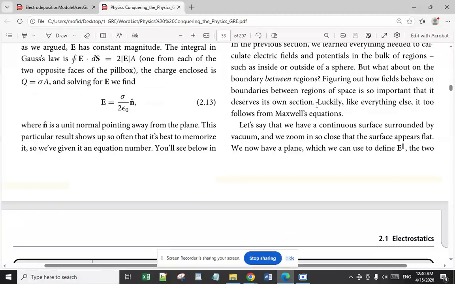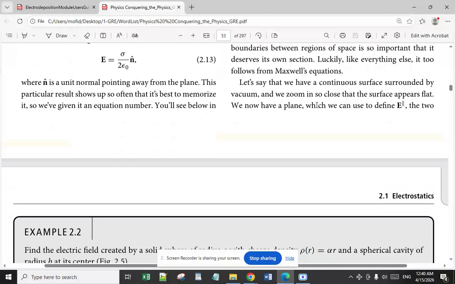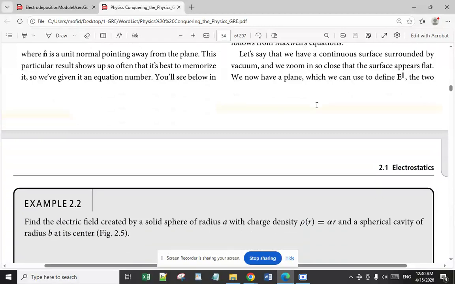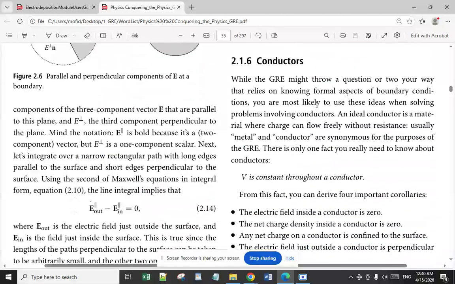Let's say that we have a continuous surface surrounded by vacuum, and we zoom in so close that the surface appears flat. We now have a plane which we can use to define E parallel, the two components of the three-component vector E that are parallel to this plane, and E perpendicular, the third component perpendicular to the plane.